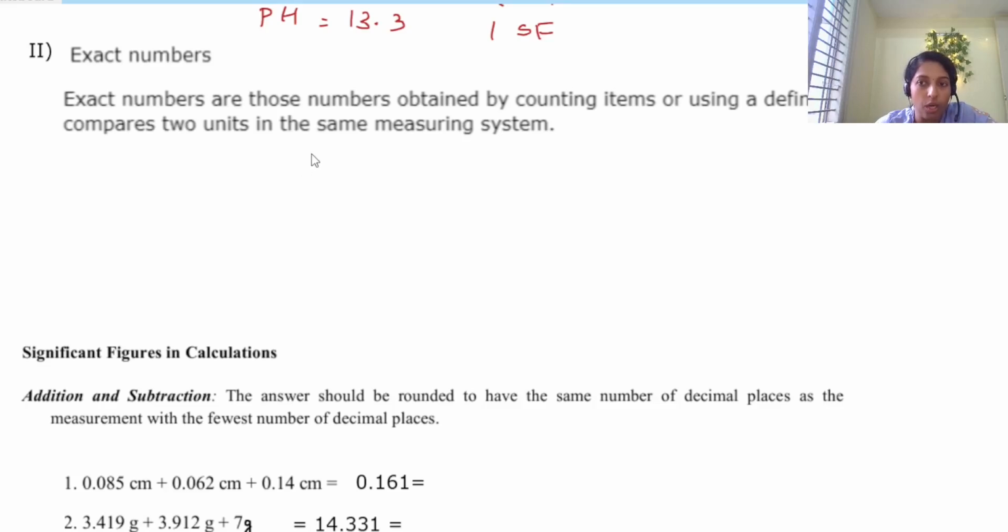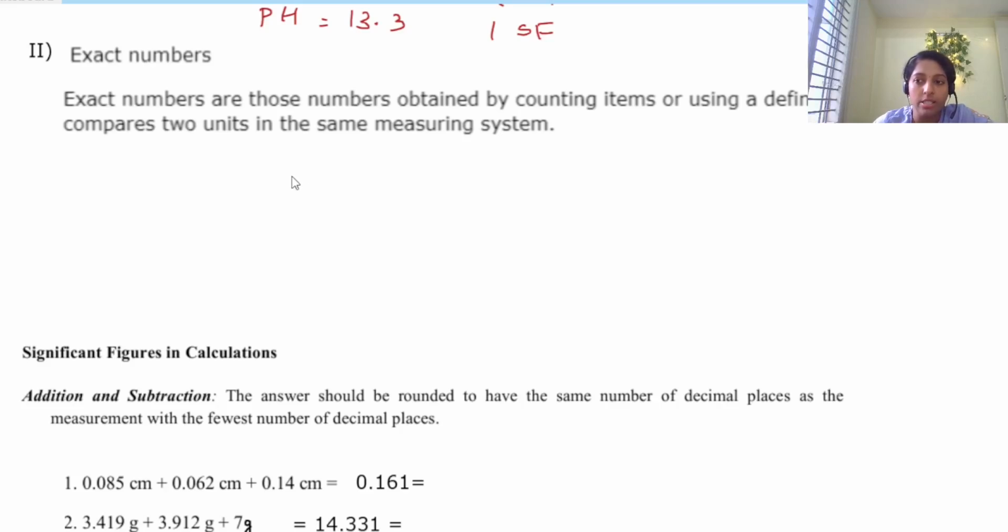Measured number means you are using a scale or a ruler, some measuring tool, maybe a measuring jar, whatever it is, and by using that measuring tool you are measuring something. That is what we call measured numbers. Only with measured numbers are we using significant figures. Otherwise, significant figures have no meaning. Okay, so what is an exact number?